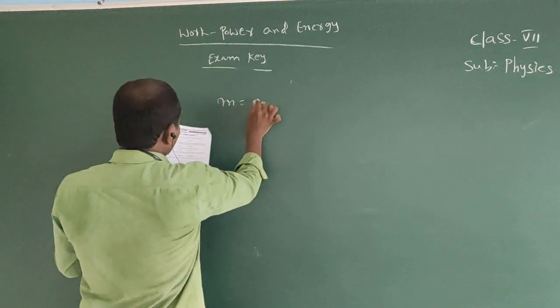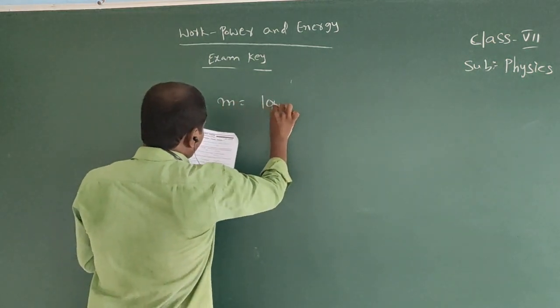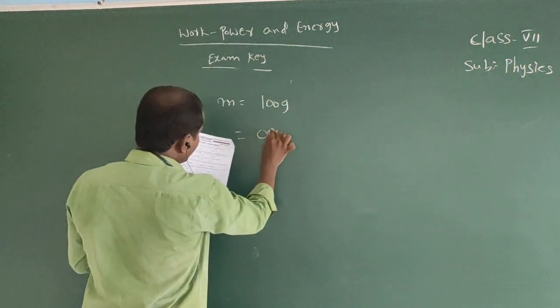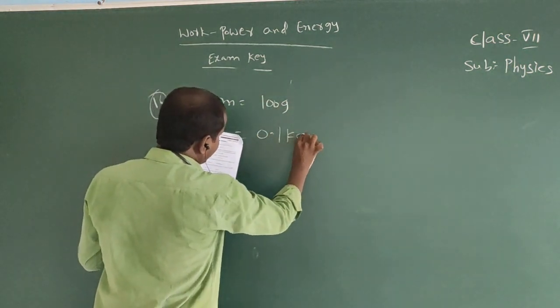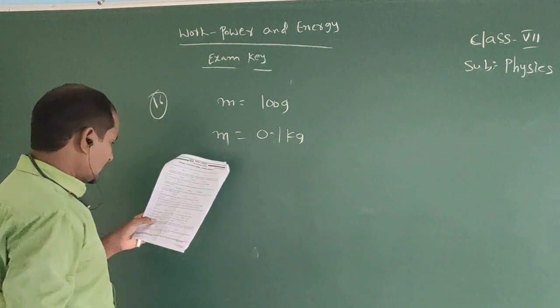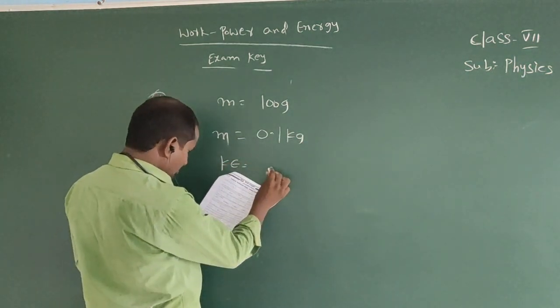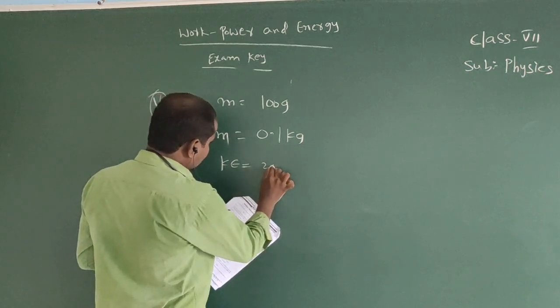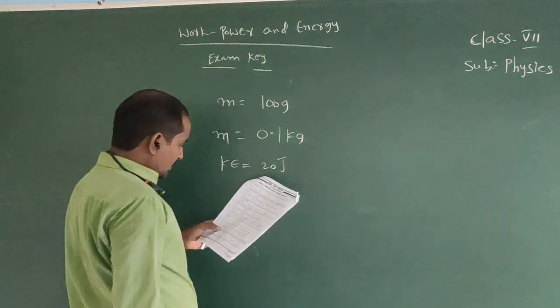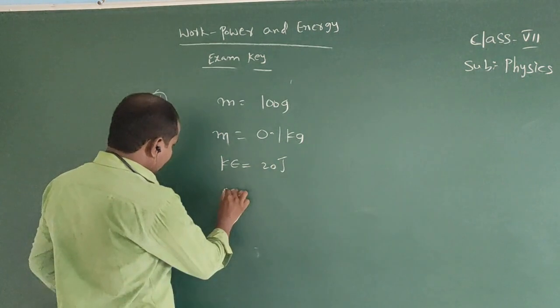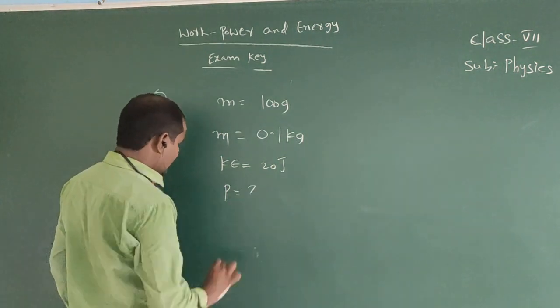Mass equal to 100 grams. We can write 0.1 kg also. K is given, K equal to 20 joules. Then find the momentum.